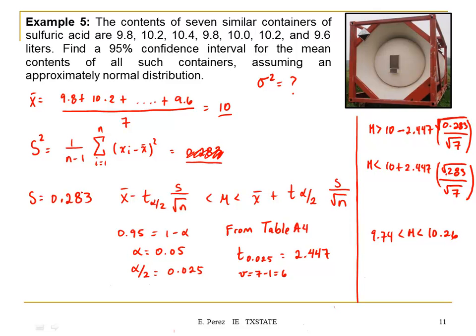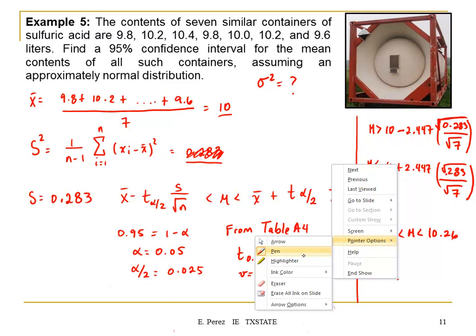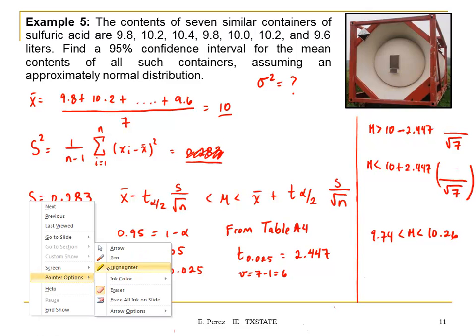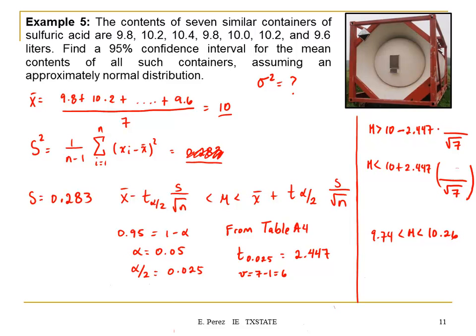So this is the standard deviation, and this shouldn't be the square root. Sorry. Let me rewrite this really quick. So this is times 0.283. Okay, thank you. Any other questions?